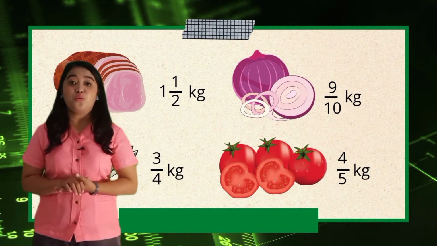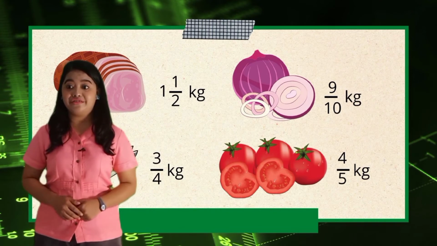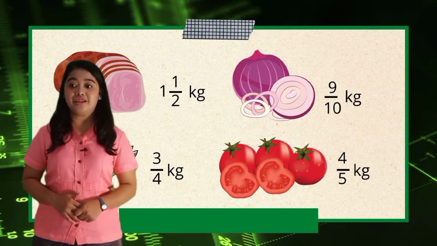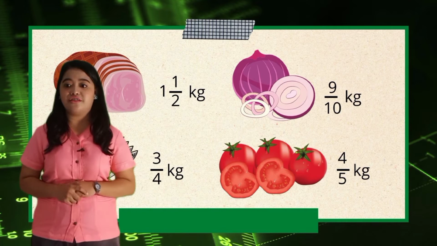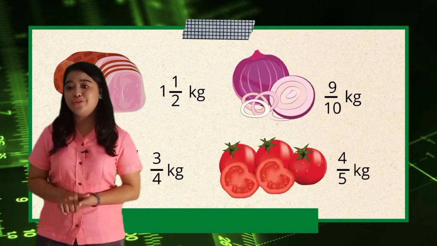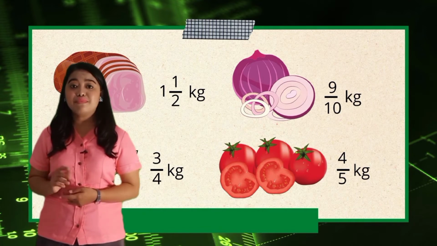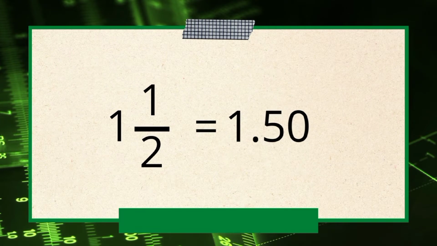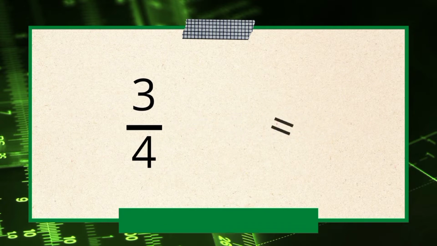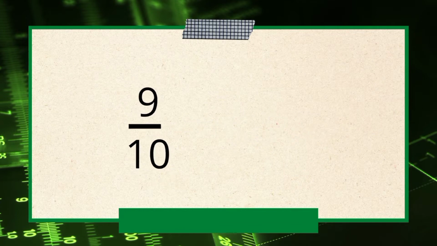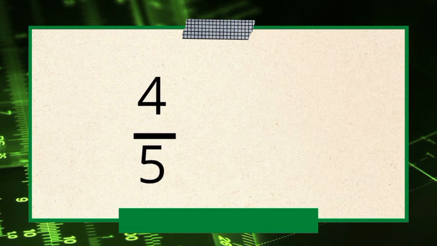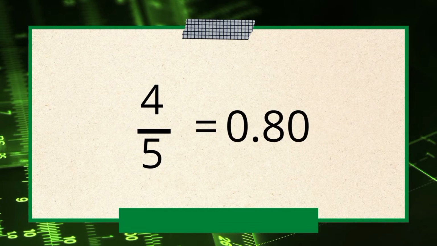If Joanne bought 1 1/2 kilogram of beef, 3/4 kilogram of fish, 9/10 kilogram of onions, and 4/5 kilograms of tomatoes, if we convert the fraction form to decimal form, the answer is 1 1/2 is equal to 1.50. 3/4 is equal to 0.75. 9/10 is equal to 0.90. And 4/5 is equal to 0.80.